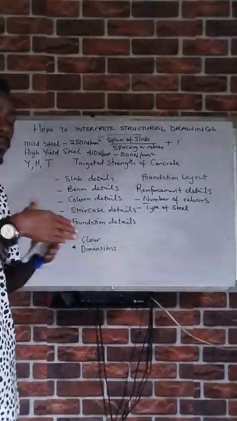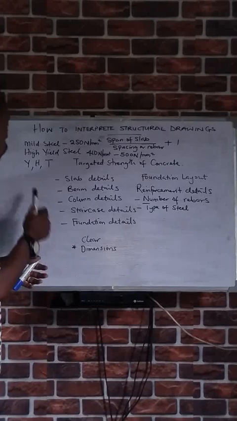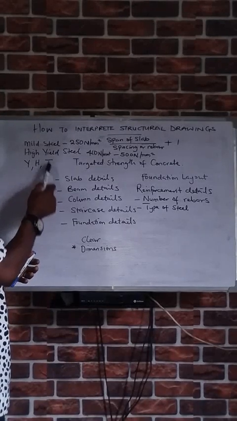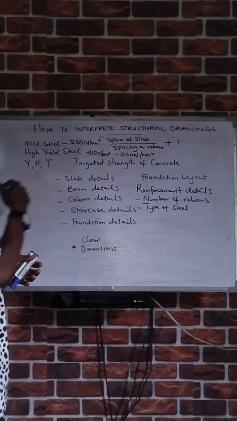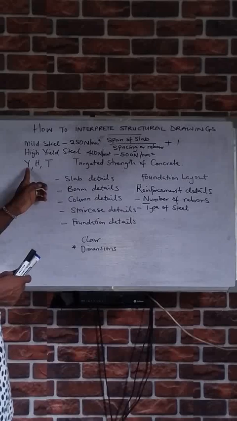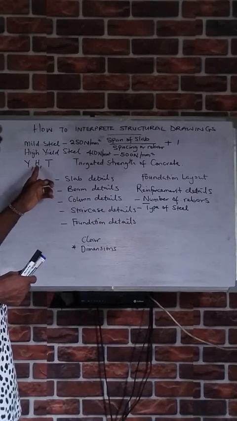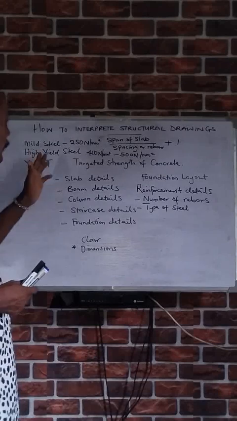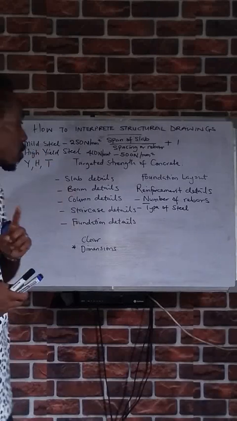Various countries adopt either Y, H, or T, but any of these you adopt still talks about high yield steel. So any drawing you see that has Y is the same thing as H, and is also the same thing as T. They all mean high yield steel. So you take note of that.